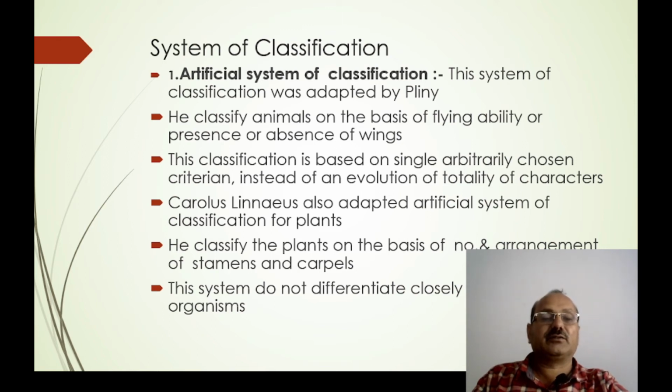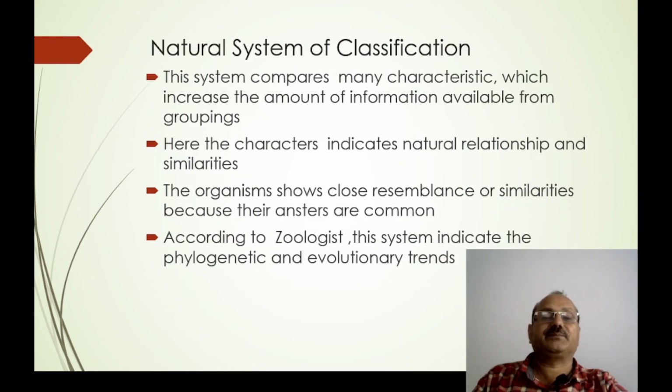Carolus Linnaeus also adopted an artificial system of classification for plants. He classified the plants on the basis of the number and arrangement of stamens and carpels. This system does not differentiate closely related species of organisms. There is another system of classification called the natural system of classification.